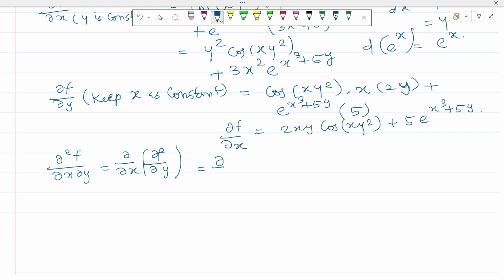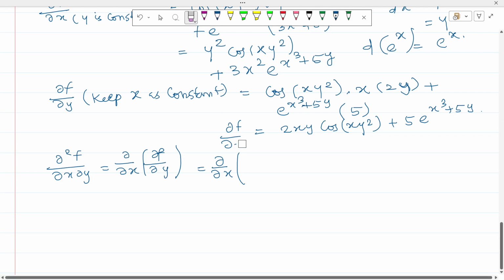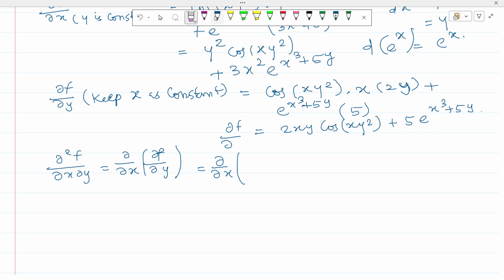Sorry, it is dou f by dou y, not dou f by dou x. So dou by dou x of dou f by dou y is 2xy cos xy square plus 5 e power x cube plus 5y.